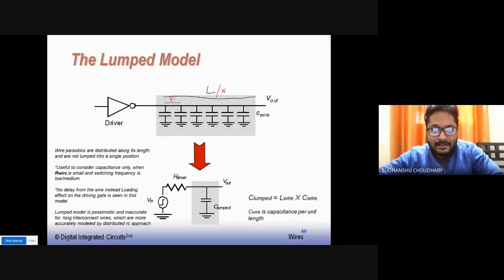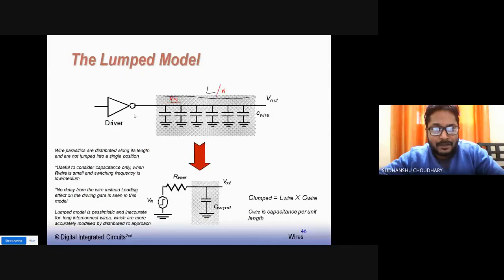Each segment has its own capacitance value, right? So these capacitances are distributed along the wire. So as I said, in the distributed model, the wire capacitance is distributed along the length of the wire, and each segment of this wire has a separate capacitance, right?